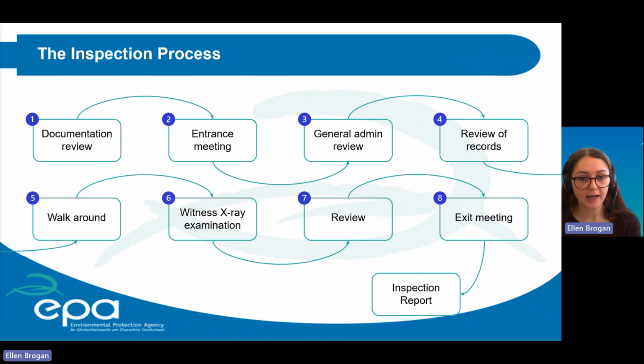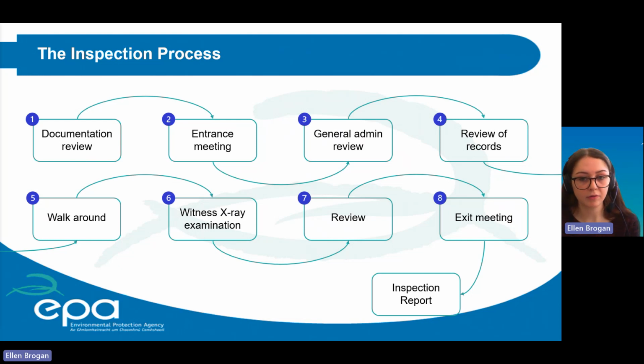Once arrived at the veterinary clinic, the inspector will start with an entrance meeting where the outline and the purpose of the inspection will be explained. The veterinary practitioner or the RPO, which might be the same person, are expected to attend this meeting, but other arrangements can be made.